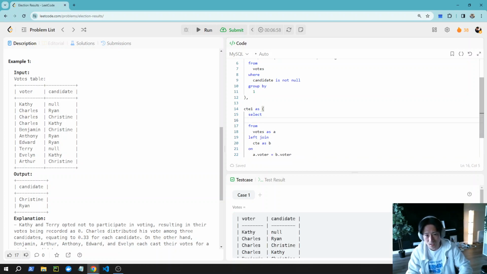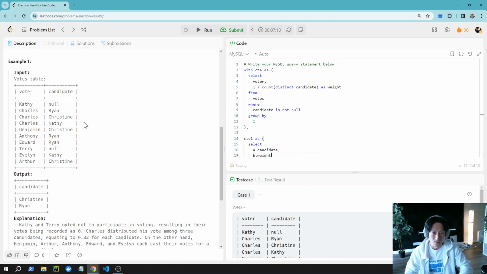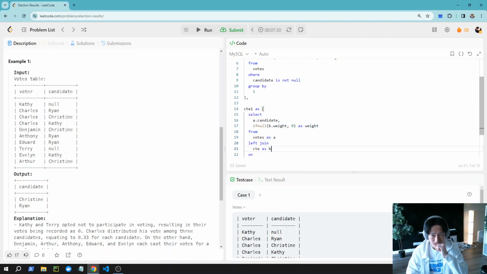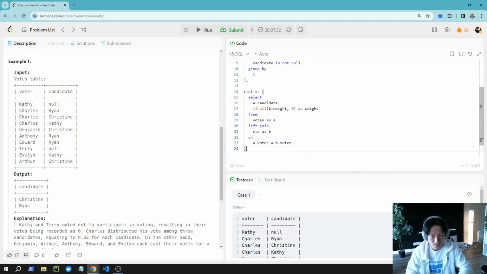I actually don't need the voter anymore, so I'm going to get A's candidate and also B's weight. When I join it, if this is null, I'm not going to have it, so I'm going to change it to 0 if null, and rename it to weight. Okay, so far looks good.